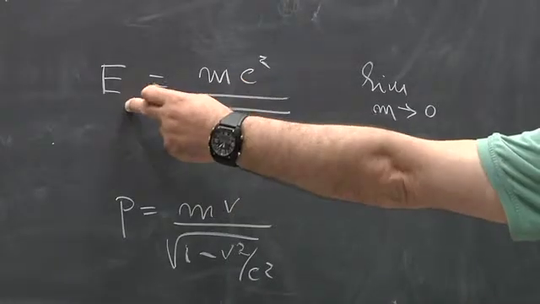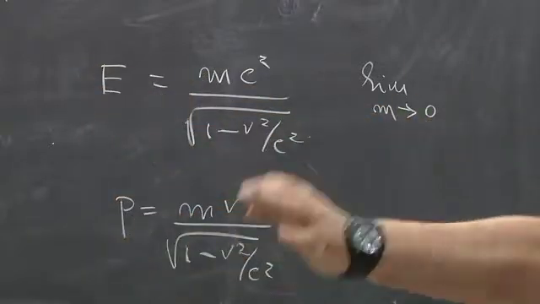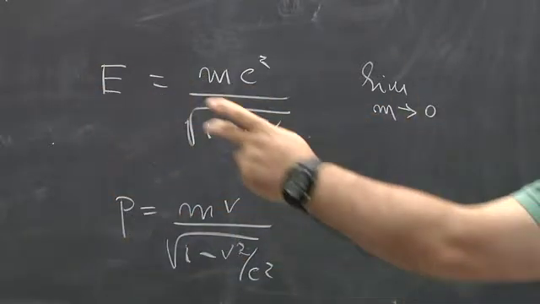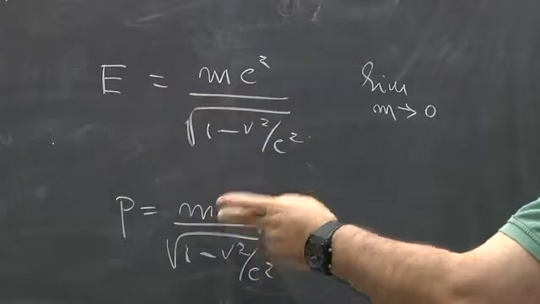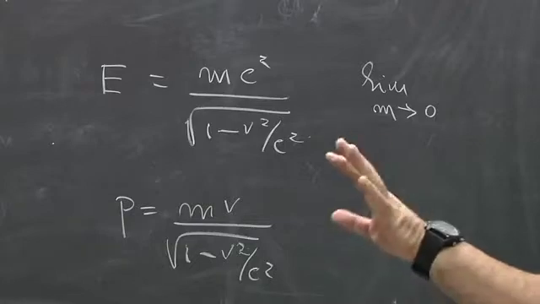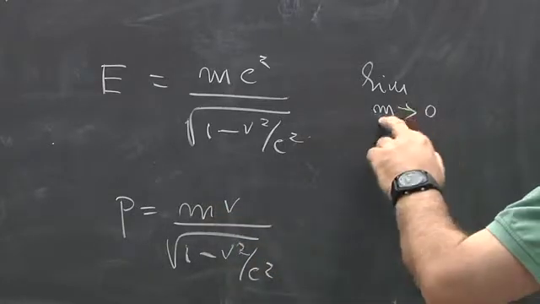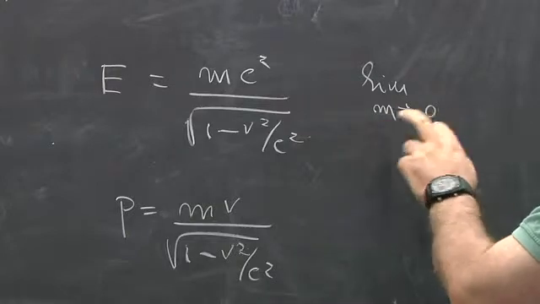It seems the energy would go to 0. But we have the photon, which has an energy different from 0, and its momentum also is not 0. Radiation carries momentum, and it can move things. So I cannot do this naive limit.